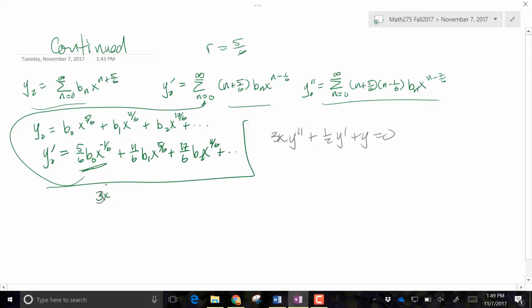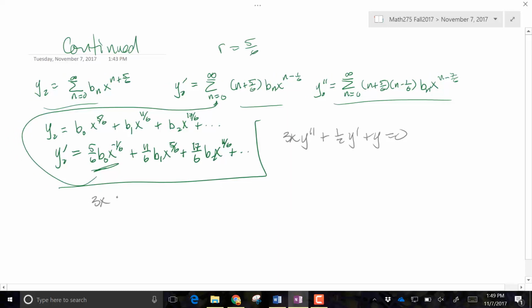So we got ourselves a 3x times the second derivative, sum n goes from 0 to infinity, n plus 5/6, n minus 1/6, b sub n, x to the n minus 7/6, plus 1/2 times the sum of n plus 5/6, b sub n, x to the n minus 1/6.